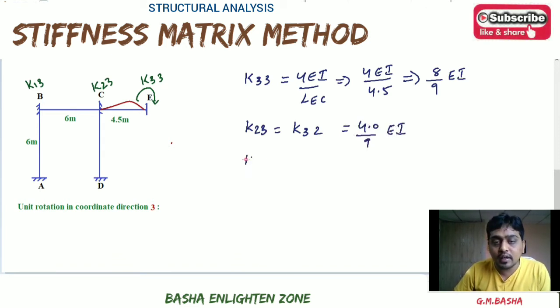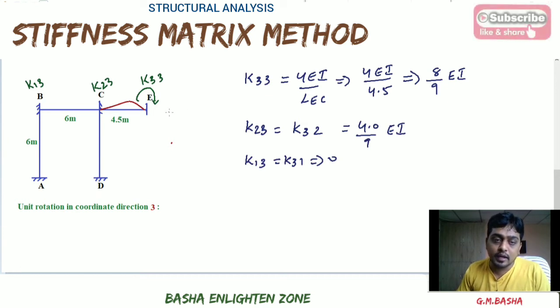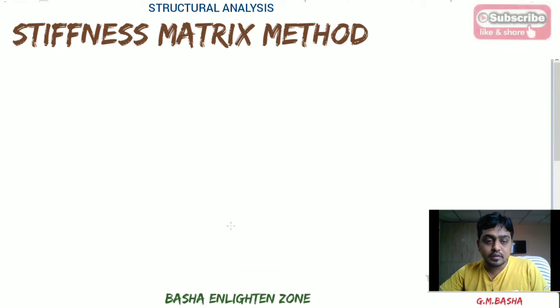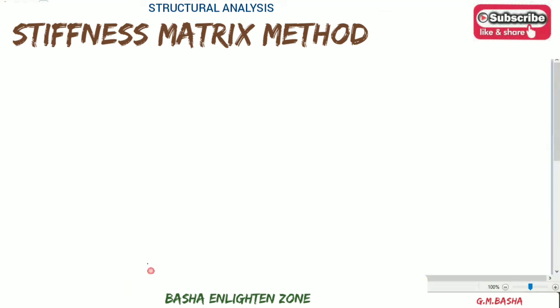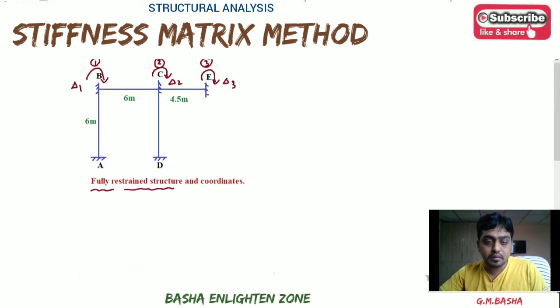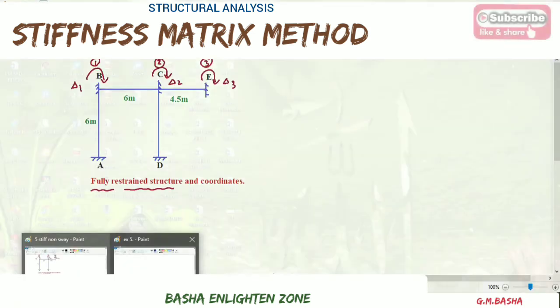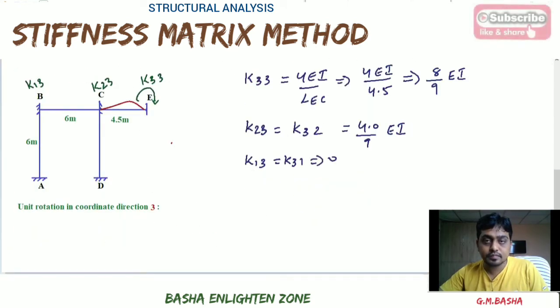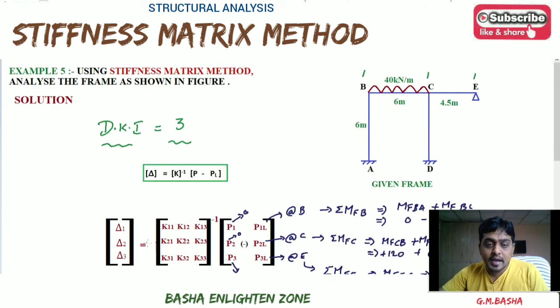And what about K13? K31 and K13 will be equal to 0 because of the same conditions. B is not a connected member to E. So all these are the obtained values. So already I explained all the values here. If you observe clearly, in the first step, see here, I explained all the terms.